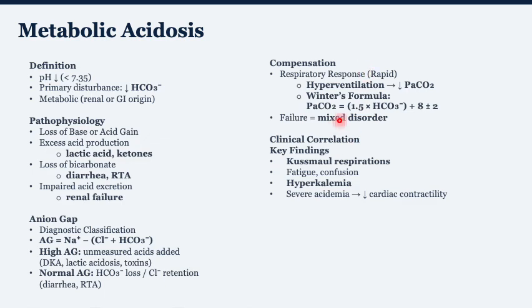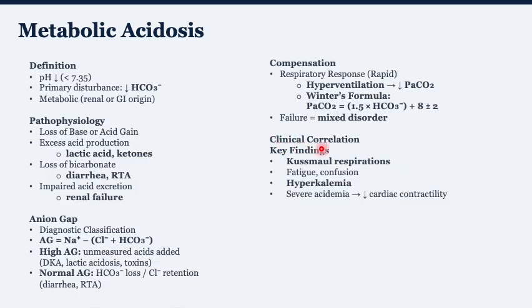And so you actually may present with a mixed picture. So you could have a metabolic acidosis and a respiratory alkalosis. You'll end up with a mixed picture. But like I said, I'm going to give you a case to walk through a little bit later.